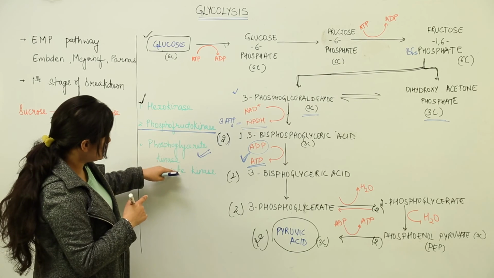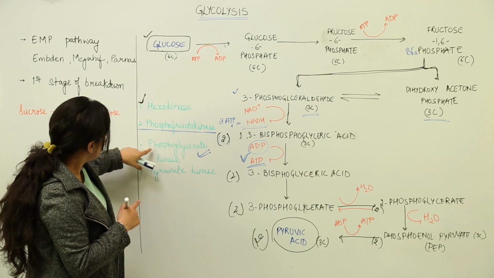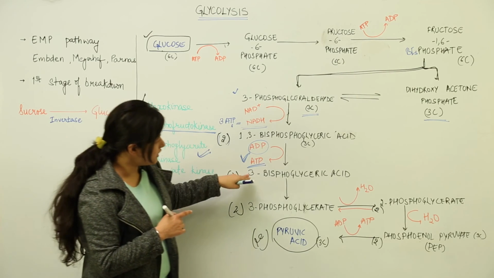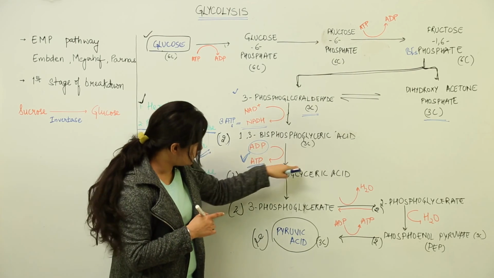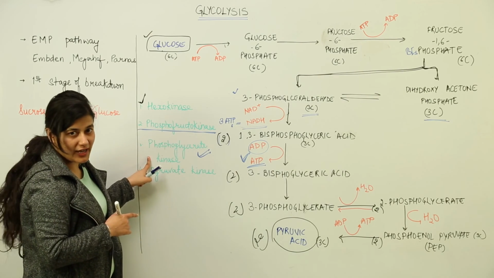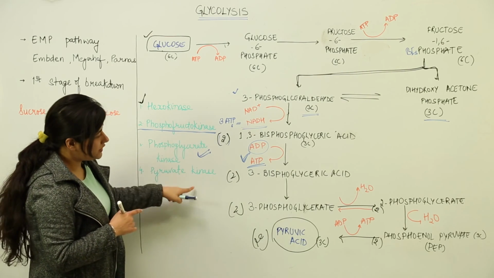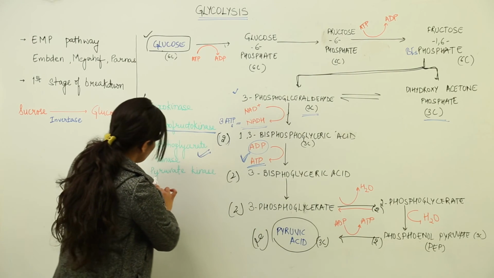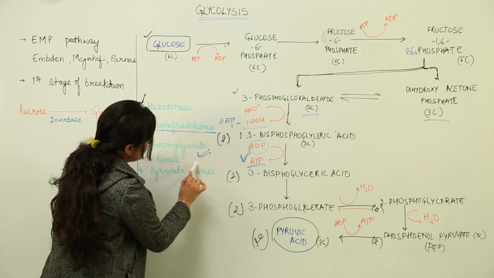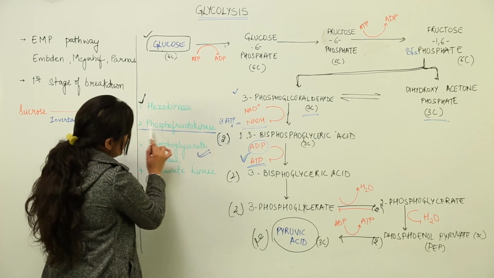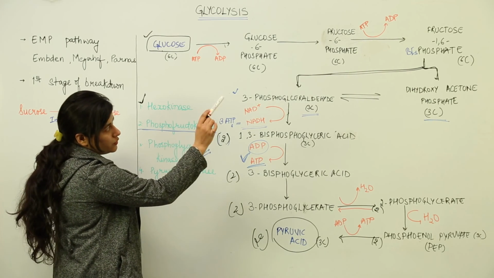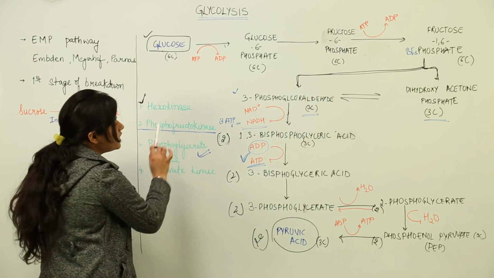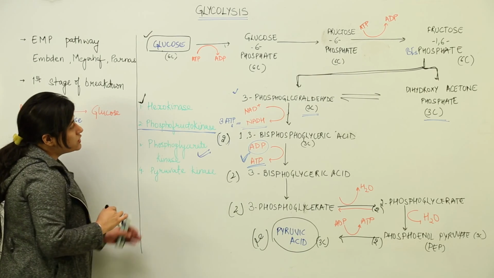Phosphoglycerate kinase, wherever you are getting phosphoglycerate, and the last one is pyruvate kinase. It would be in the case of PEP. So we use these kinases wherever there is generation of ATP, and this one suggests a simple name, that it would come wherever we are talking about fructose.